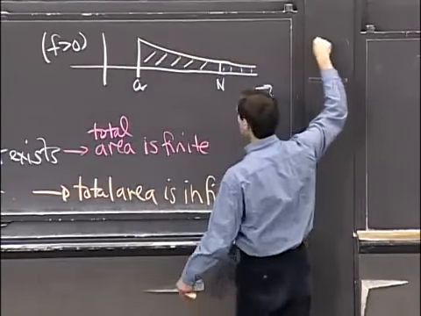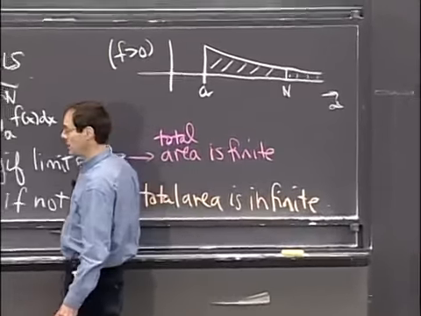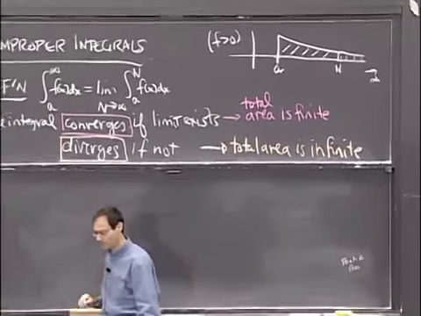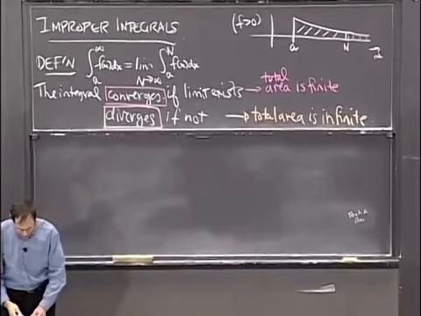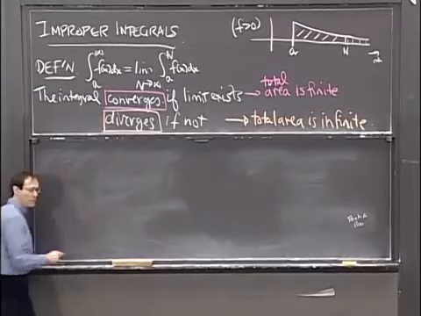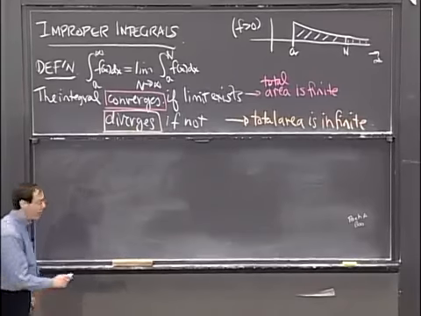For instance, if it's a straight line going across, there's clearly infinitely much area underneath. All right, so we need to do a bunch of examples, and that's really our main job for the day, and to make sure that we know exactly what to expect in all cases.